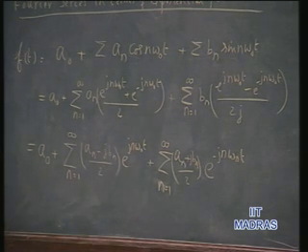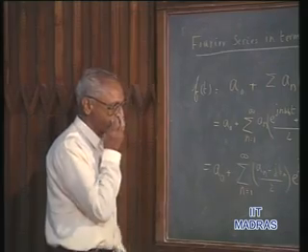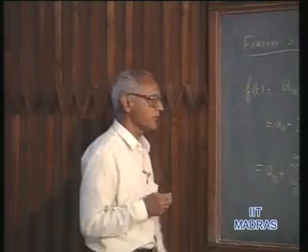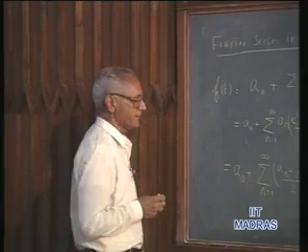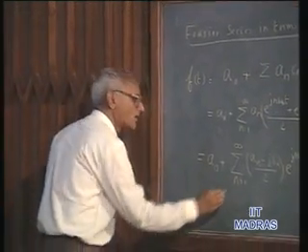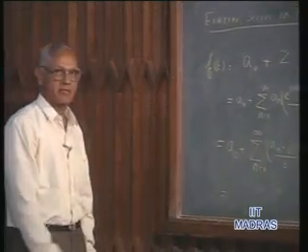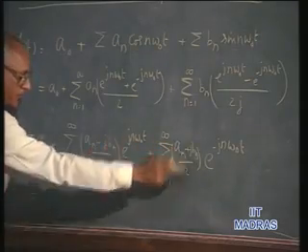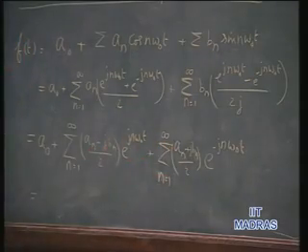Now in the context of expansion in terms of Fourier exponential functions, we would like to indicate the coefficients in a different way. So we will call this Cn, a complex number Cn, and this will be Cn conjugate. And since we are giving the symbol C to the various coefficients, we may as well call this C naught.